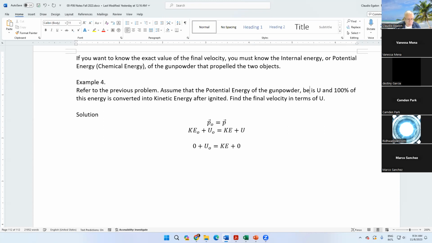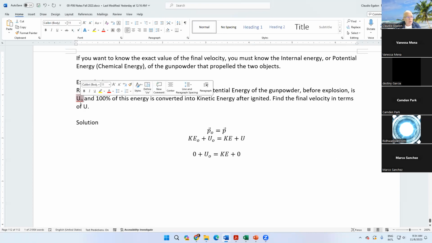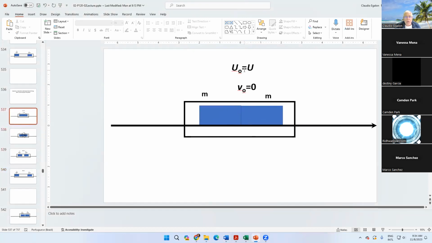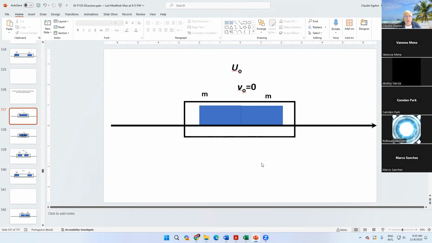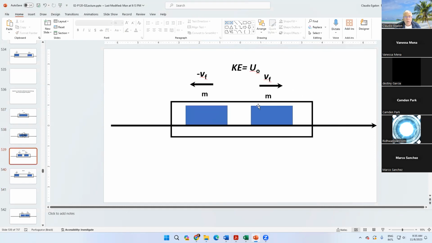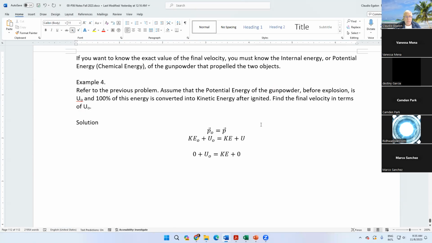Instead of using U for the gunpowder before explosion, I'm going to use a different notation here, U naught, in terms of U naught, it's better like that. And here too, instead of writing U, let's keep U naught, the initial value U naught. This one is 0.